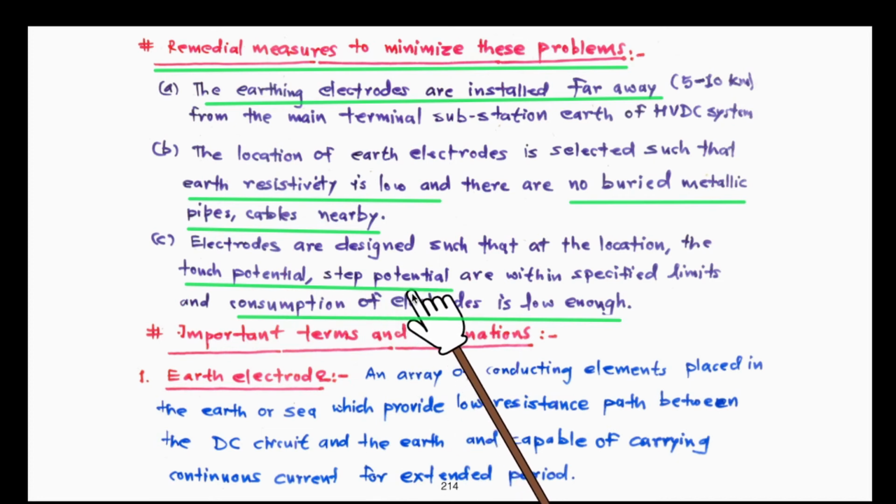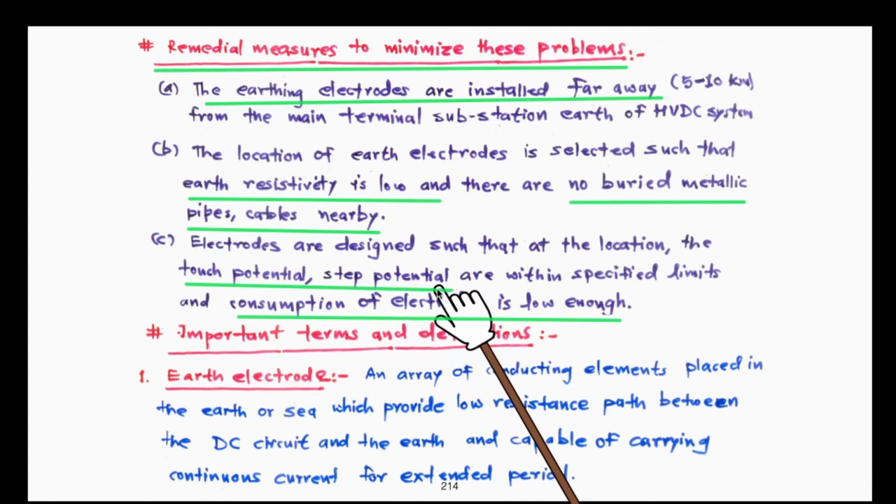And similarly, the step potential. The step potential is the potential difference developed between the two steps of a person who is standing on the ground, when the ground is energized. There is a DC current flowing through the ground. If a person is standing above the ground, maybe above a dry surface, there is some initial layer of the ground which is insulated, so it's a dry one. So the potential developed across the two steps of a particular person is the step potential.